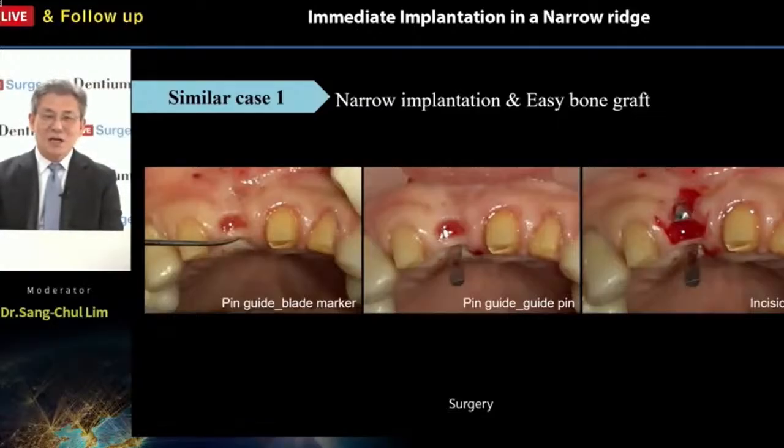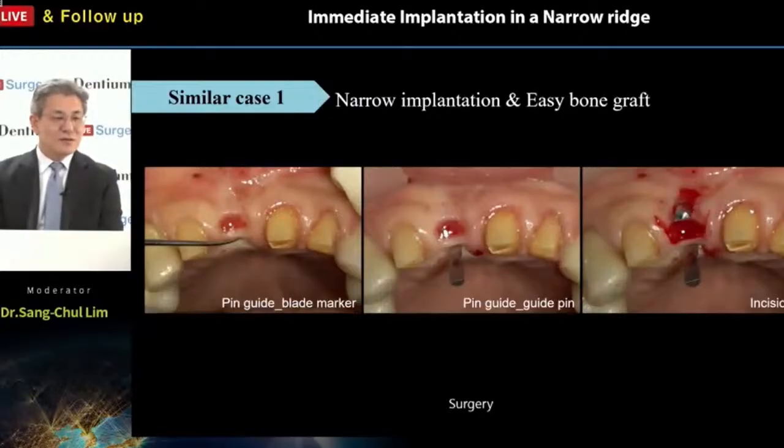So this pin guide gets stability between the bone surface and the periosteum, and also gives us information about bone geometry, some concavities, and all the geometry around this area.